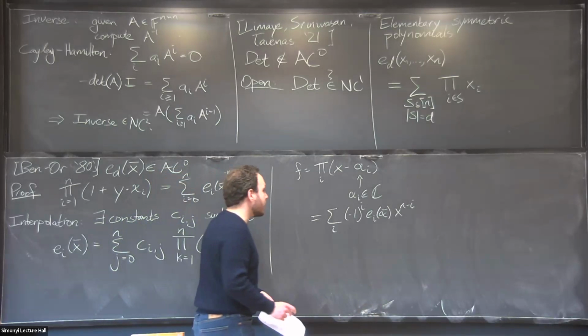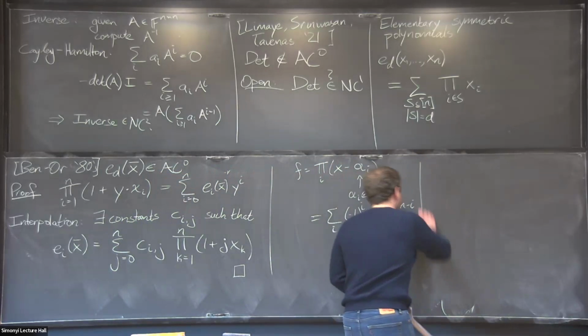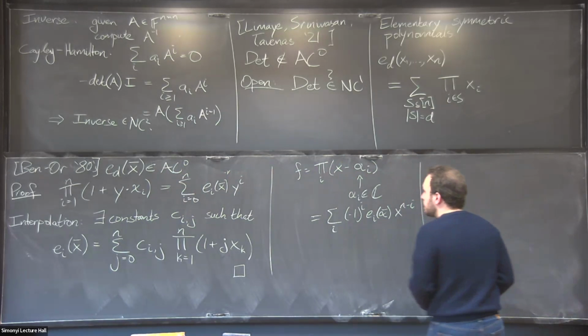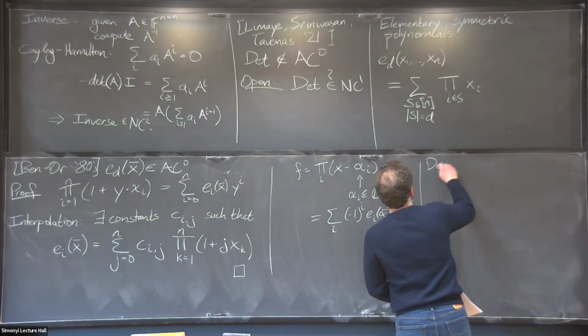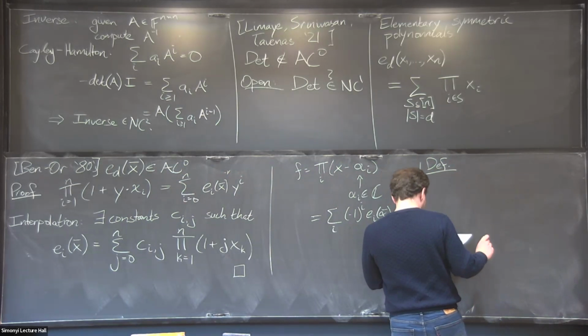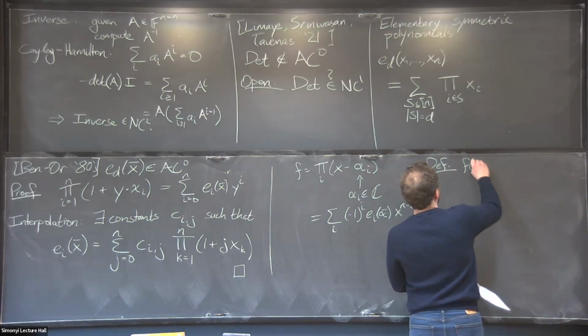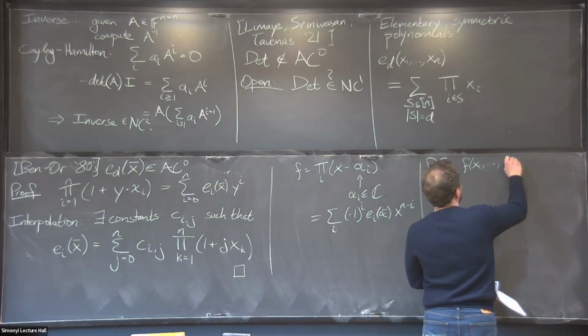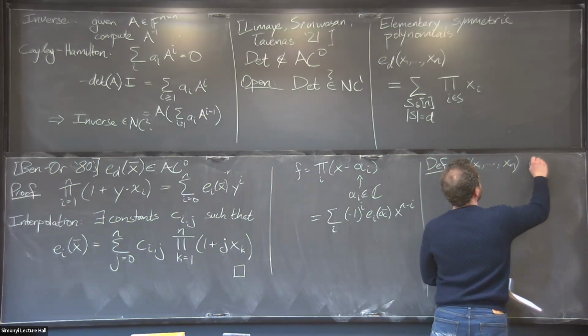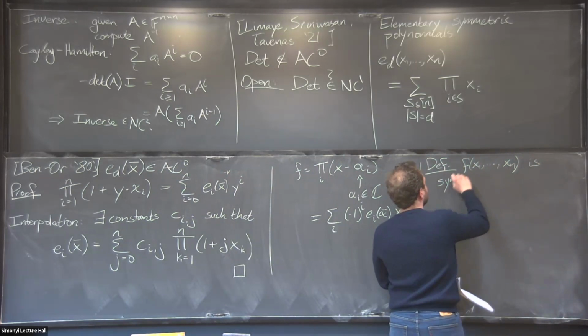And the second reason you might care is that these polynomials, as the name suggests, play a key role in the theory of symmetric polynomials. So I just want to briefly digress. What are symmetric polynomials?